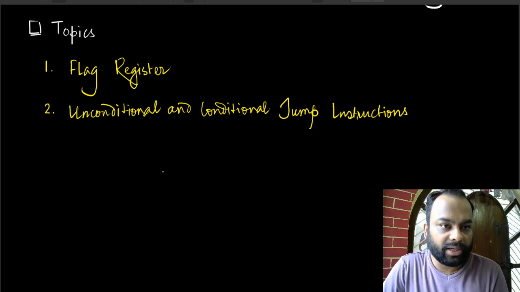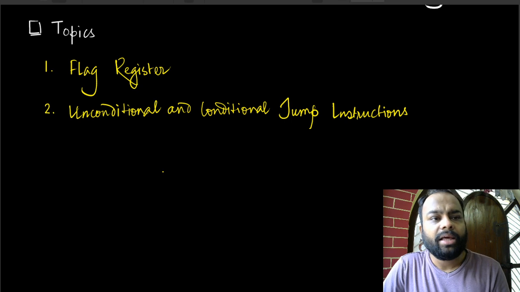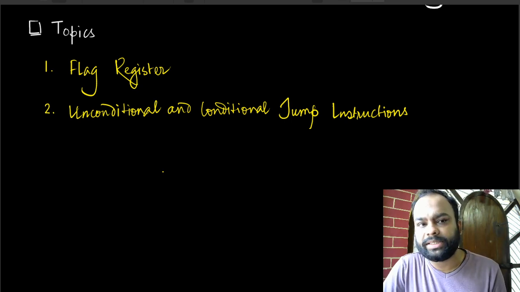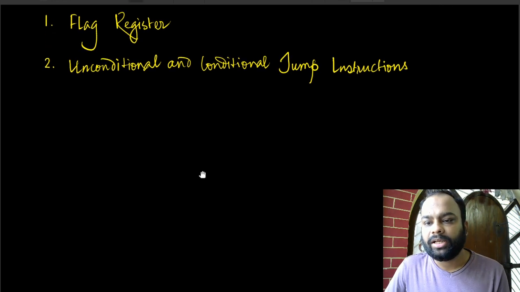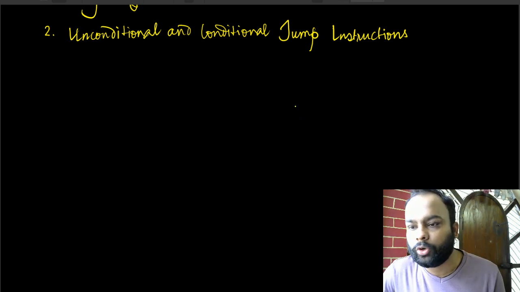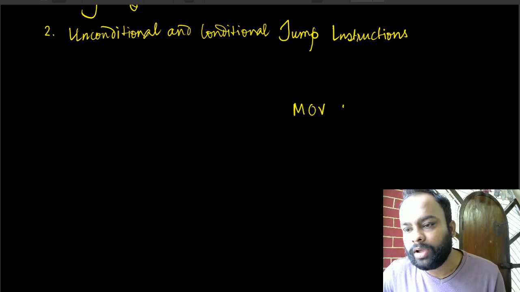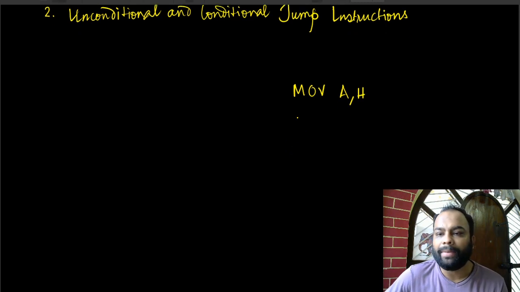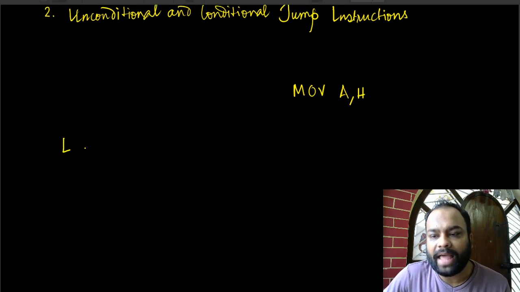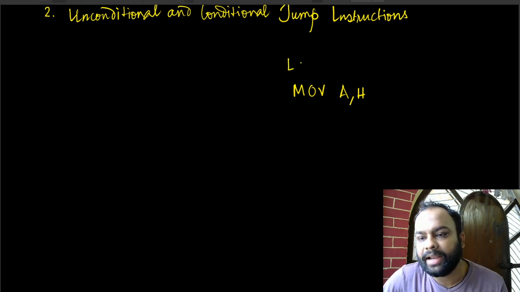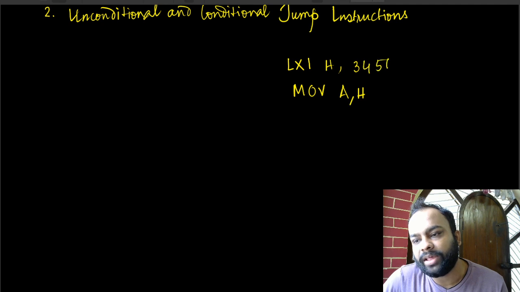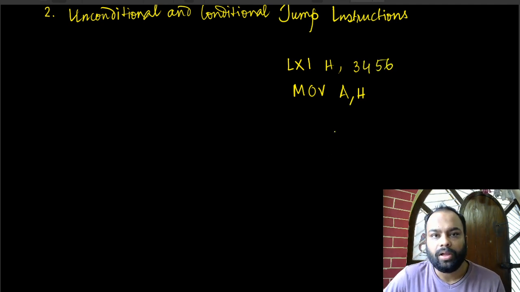There is one question here, which arose from our last discussion. Someone is asking what if we do MOV A,H instead of MOV A,M? Before that, I did, for example, LXI H,3456.